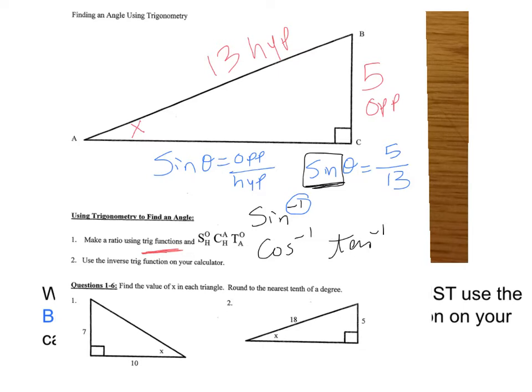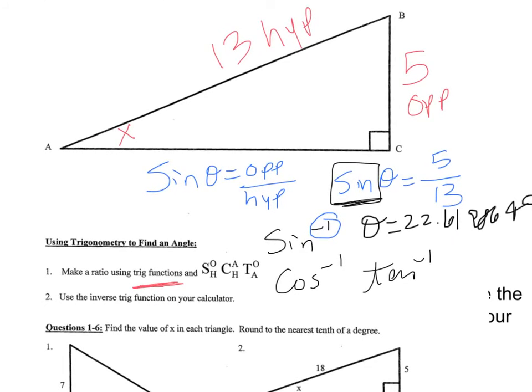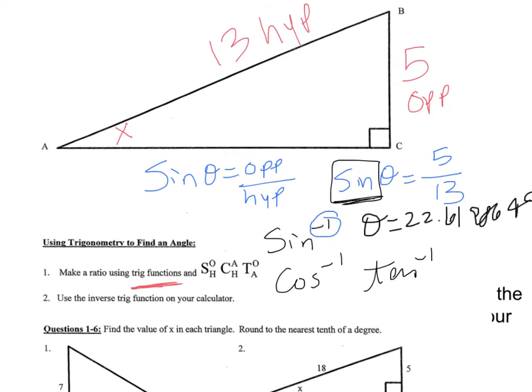The calculator spits out 22.61986495. Almost always, you are going to round to the nearest degree, so in this case, this would be 22 degrees.